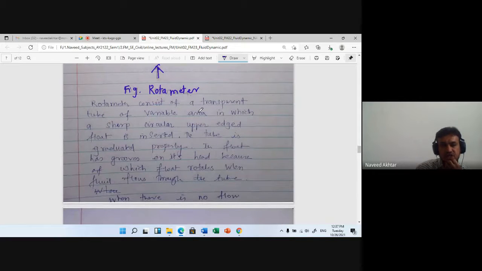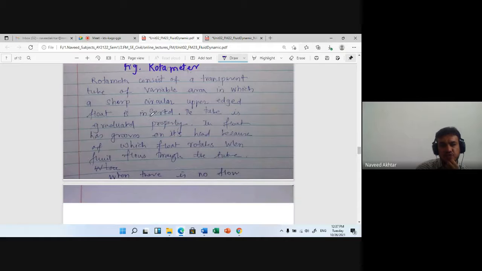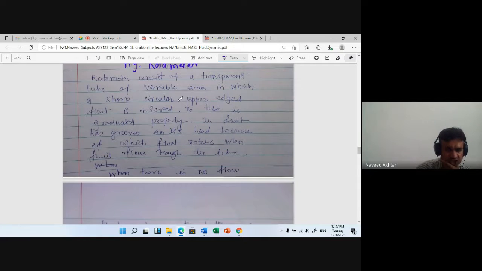The rotameter consists of a transparent tube of variable area in which a sharp circular upper edged float is inserted. The tube is graduated properly.